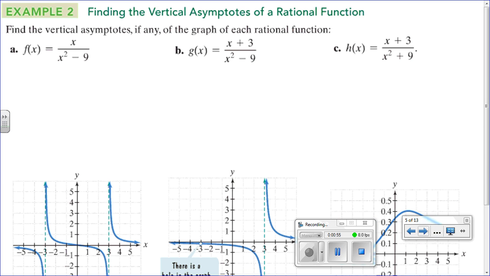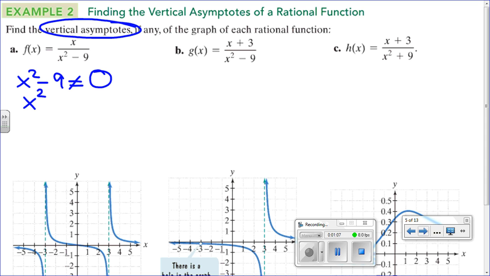Okay, example 2. We went over the domain at the beginning, right? And we were solving equations such as that. By the way, this is another way to solve it. You could take the -9 across, and then take a square root. So that will be x cannot equal positive or -3, right? Those were the exclusions of the domain.